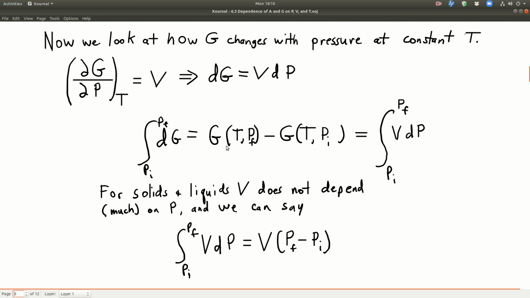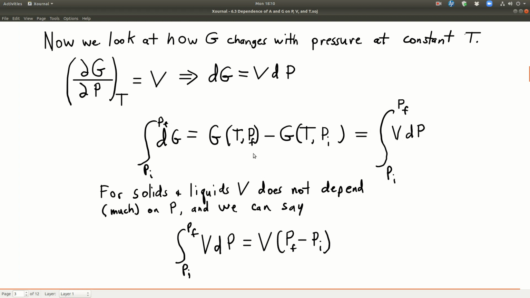We get this. This is just saying that whatever the Gibbs energy is at the temperature and the final pressure, minus what the Gibbs energy is at the temperature and the initial pressure, that's what the integral of dG is, delta G. It's equal to the integral of VdP from initial to final pressures.